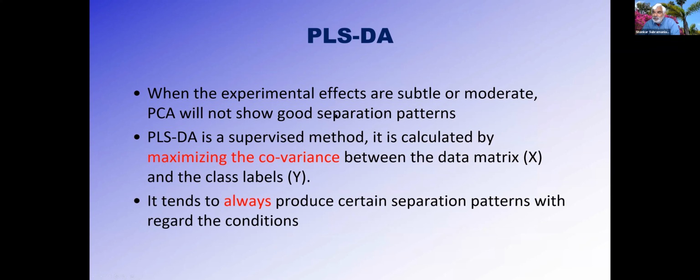Sometimes principal component analysis does not work when the experimental effects are subtle. So use a method called PLS-DA. It's a supervised method. It is calculated by maximizing the covariance instead of variance. It's covariance between the data matrix and the class labels. It tends to produce certain separations of patterns with regard to original conditions.